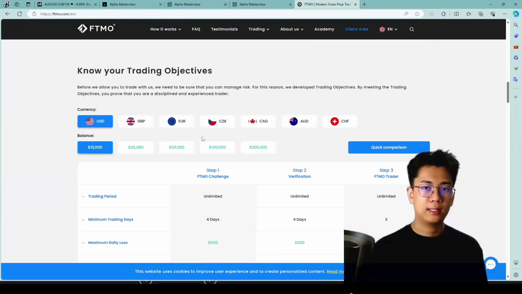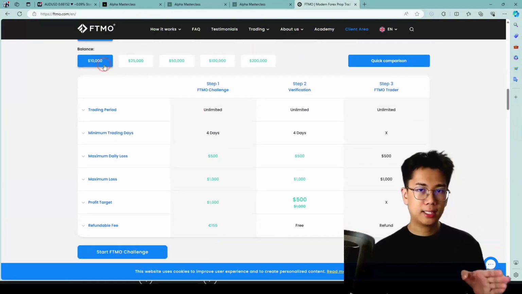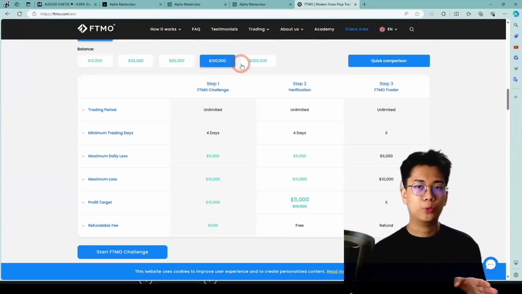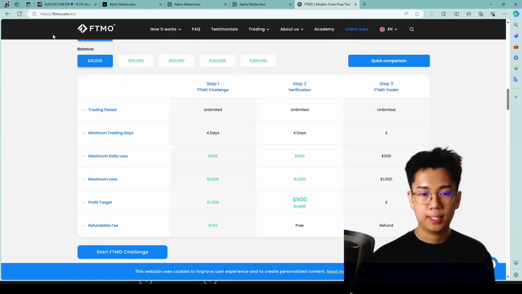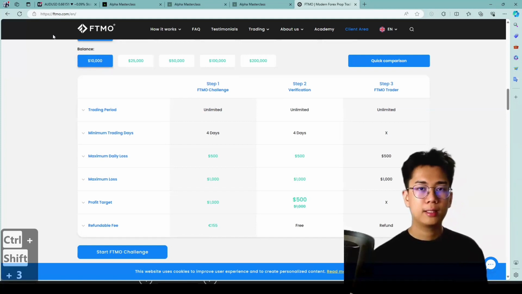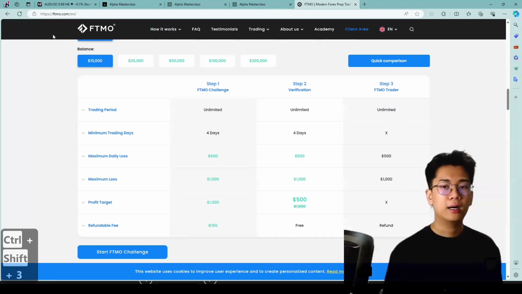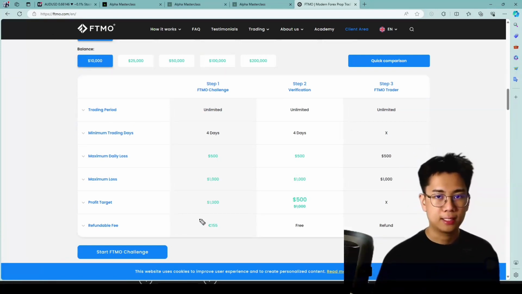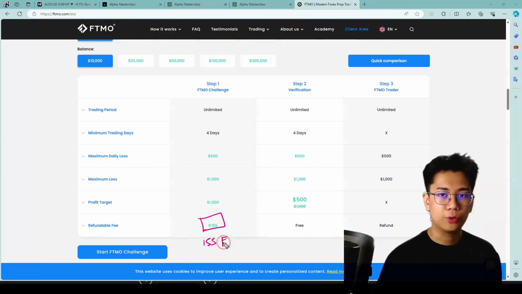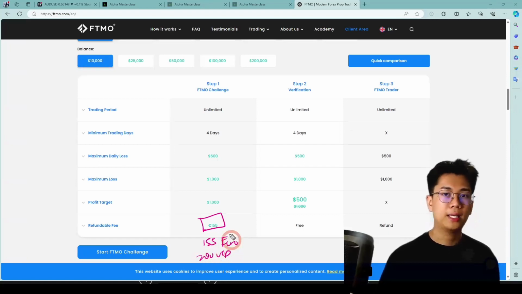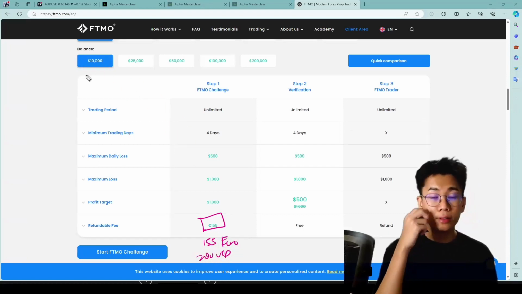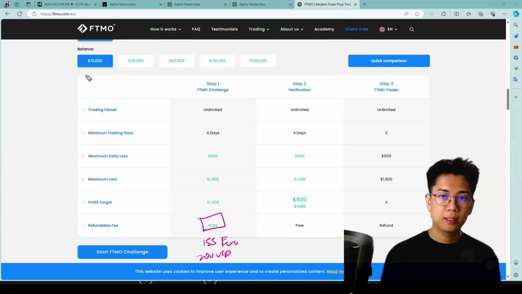At the start, the criteria is you can choose how much you want to be funded. Let's say I go for 10,000, and then it will go for exam fees. The fee is 155 euro, which in dollars is about $200 to get a $10,000 account.